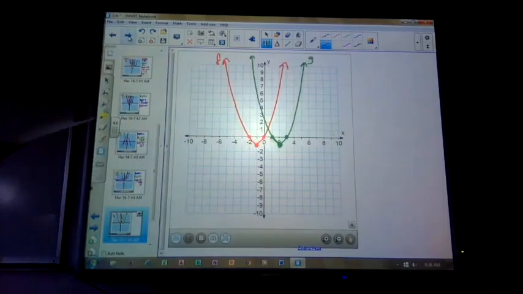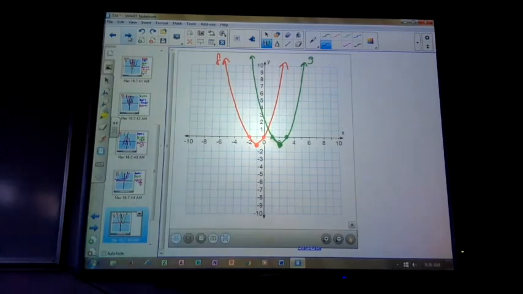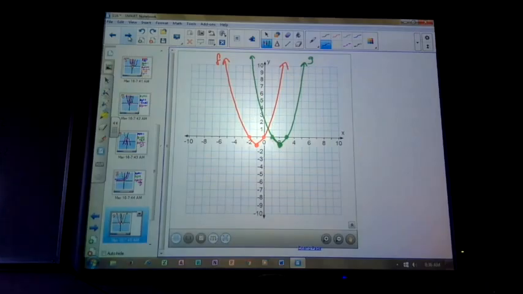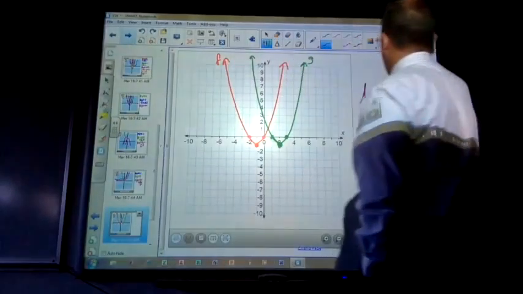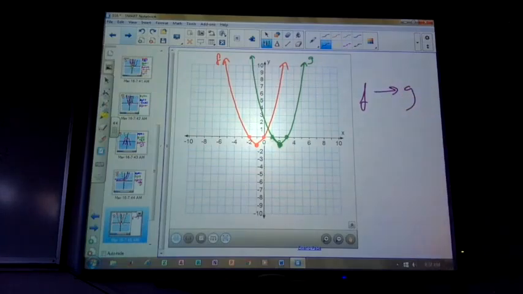Doing it, almost done. All right. The F is the red, the G is the green. Did I do okay? So, if I went from the F to the G, what looks like it took place?